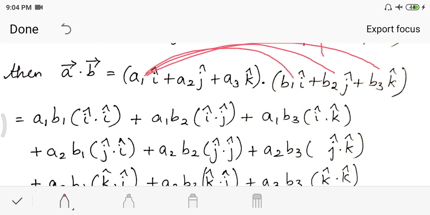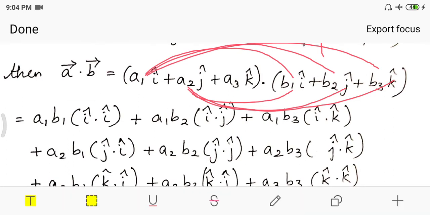Okay, the first step. And then similarly we have to do A2 B1 j dot i, A2 B2 j dot j. See, A2 into B2, they are all scalars, they are just numbers, numerical values. So just multiply and keep it outside. Then A2 B3 j dot k. Similarly, you have to do the A3 k cap with B components.